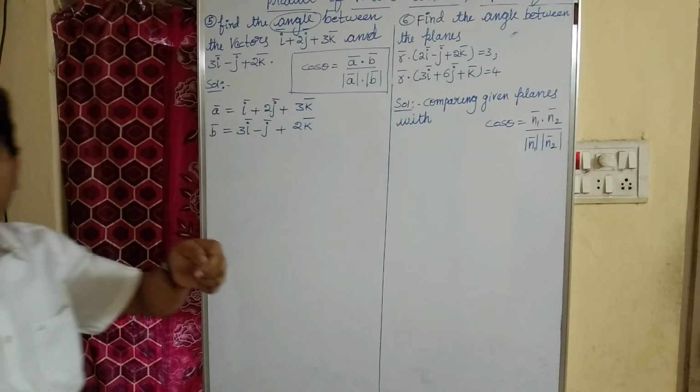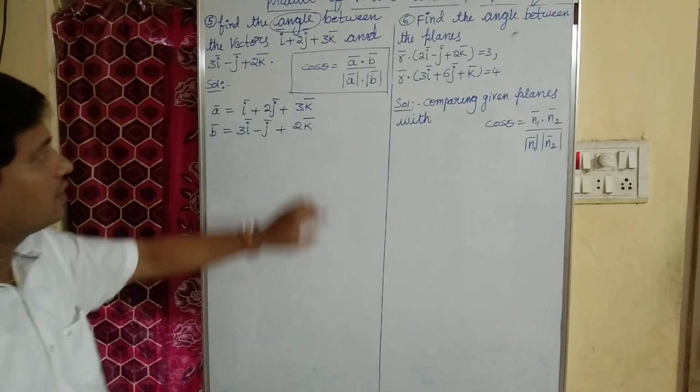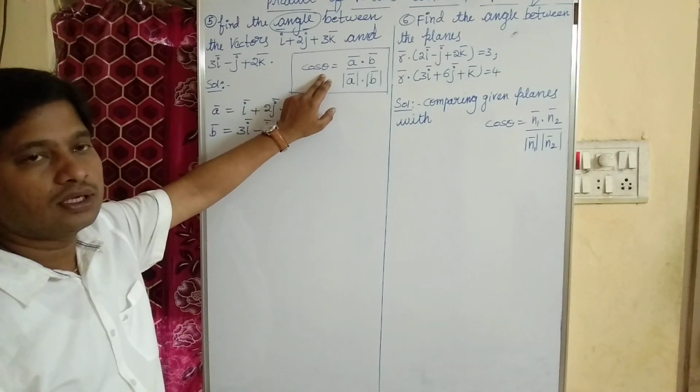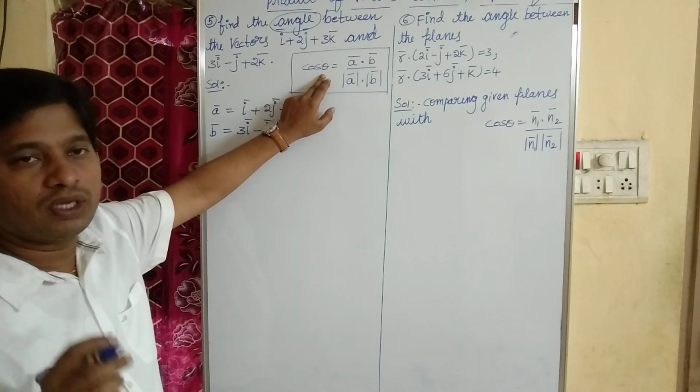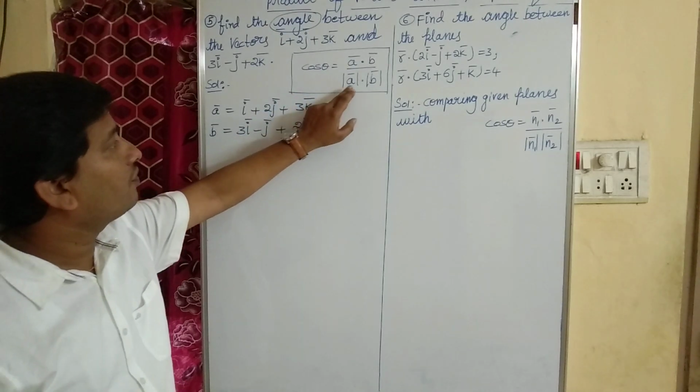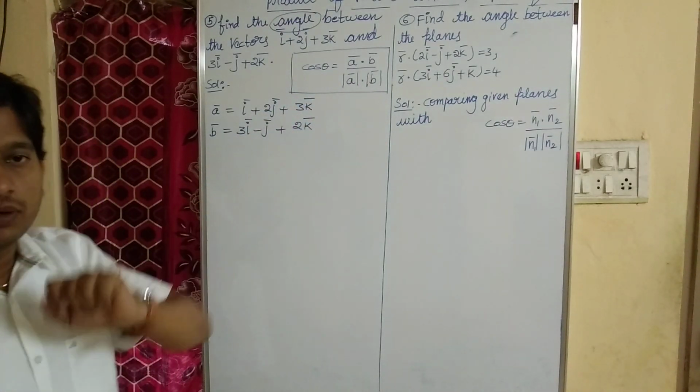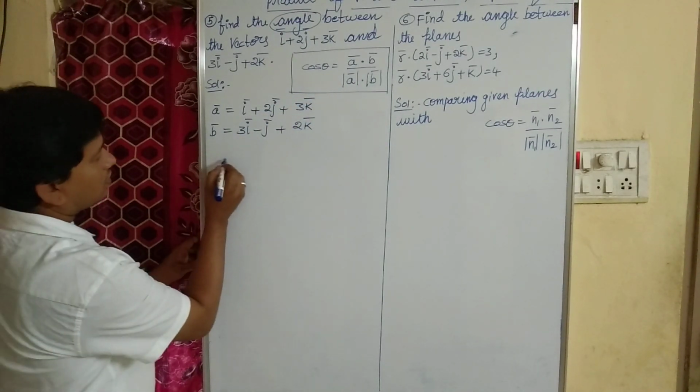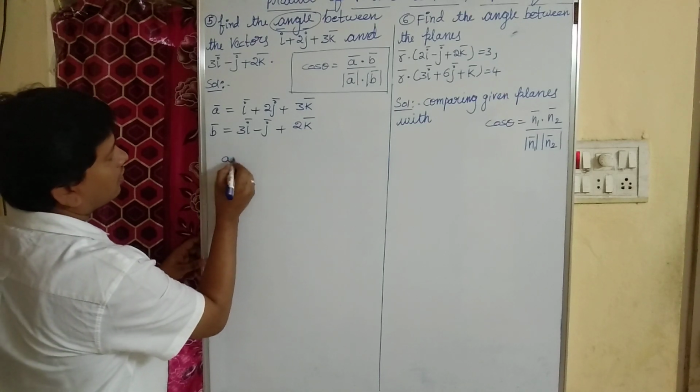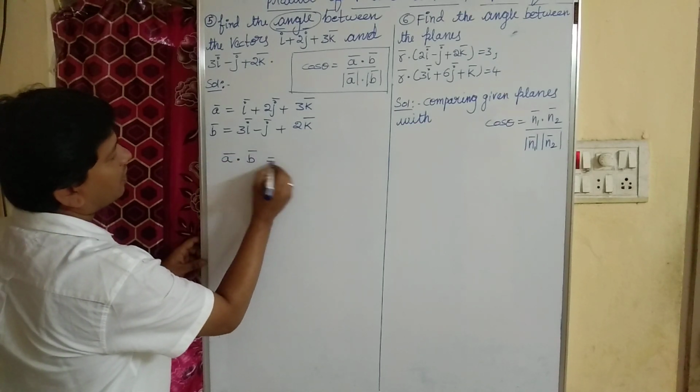So we have the formula for the angle between two vectors, that is cos theta equal to a bar dot b bar by modulo of a bar into modulo of b bar, right? So first let us find a bar dot b bar.